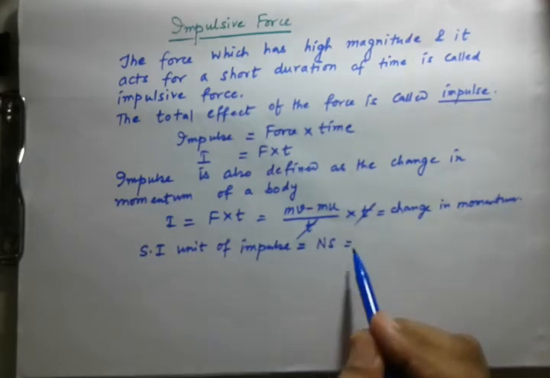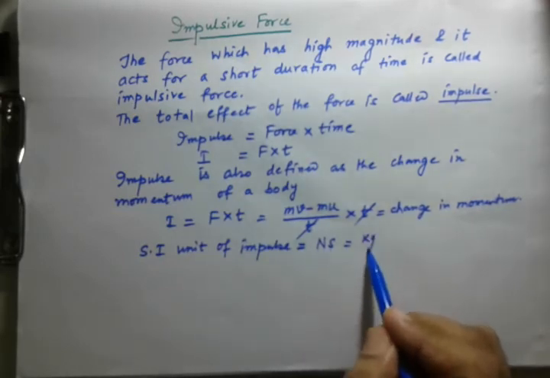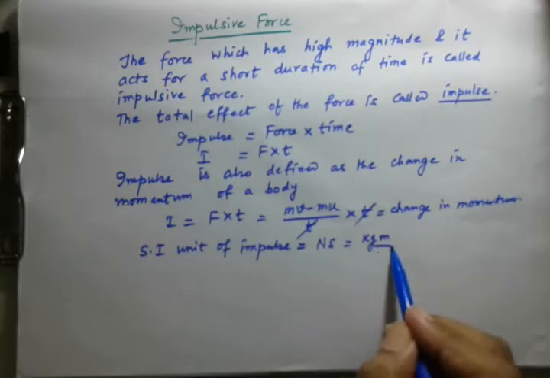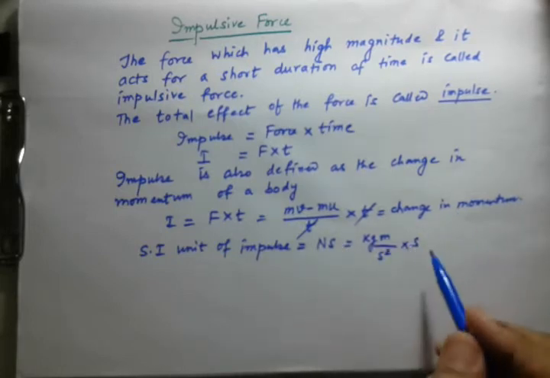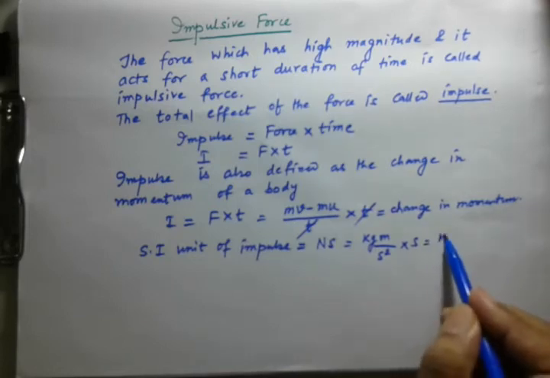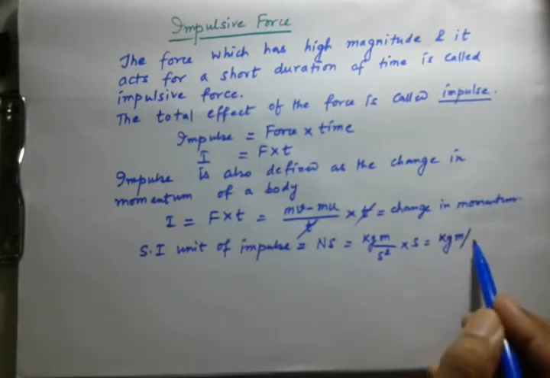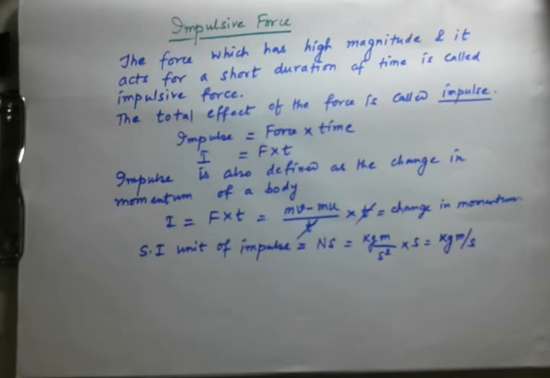Also you can write Newton is kilogram meter per second square, into seconds. So also you can write kilogram meter per second. So what is impulse? The force which has high magnitude and acts for a very short duration of time is known as the impulse.